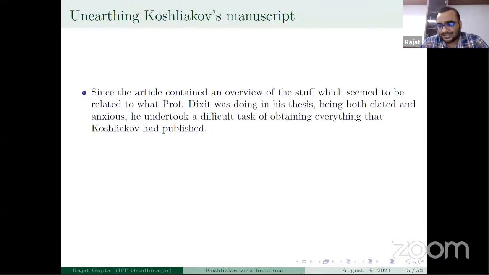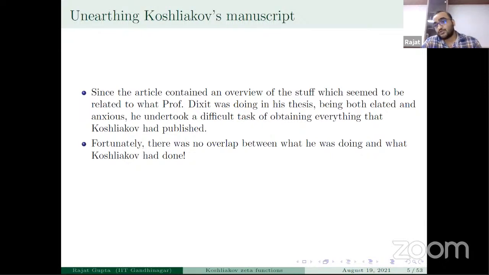Since the article contains a very brief introduction to the work of Koshlikov in mathematics, Professor Dikshit decided to collect all the possible work which was published by Koshlikov at the time. Unfortunately, there was no overlap between what he was doing in his thesis and what Koshlikov had done.